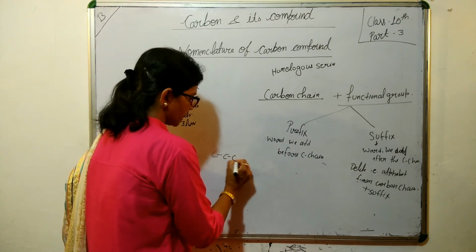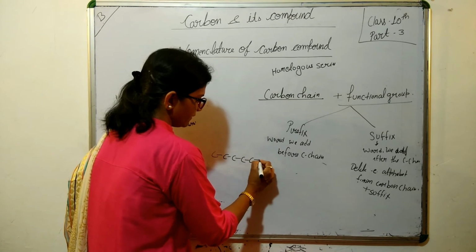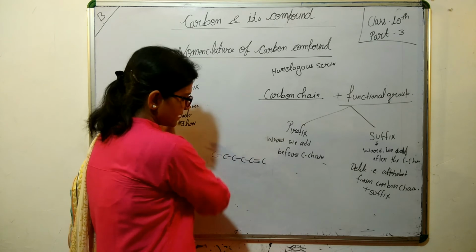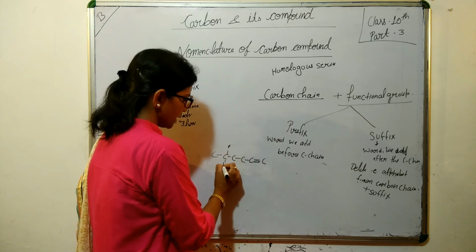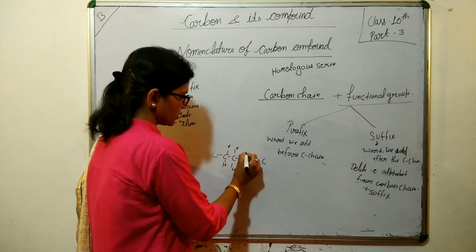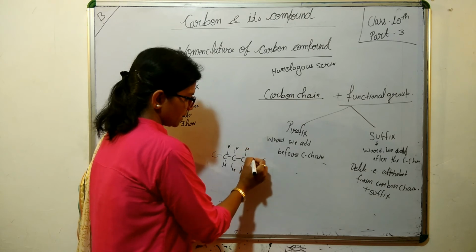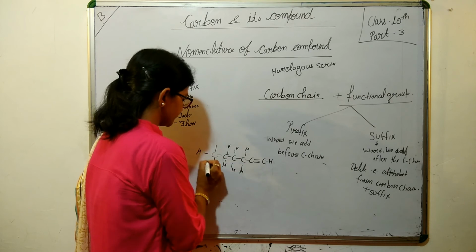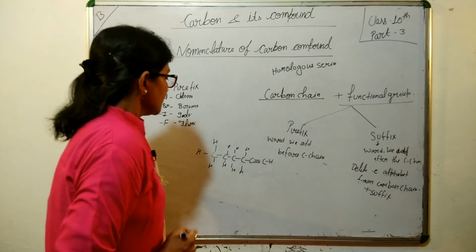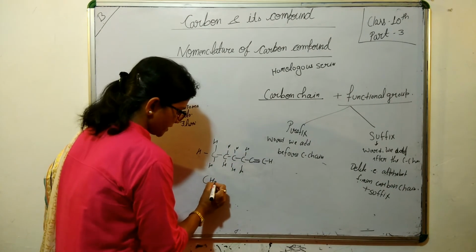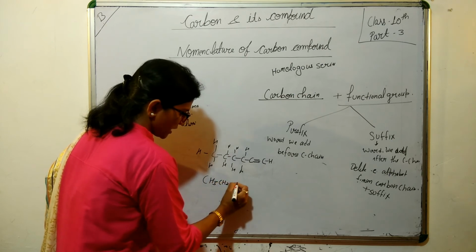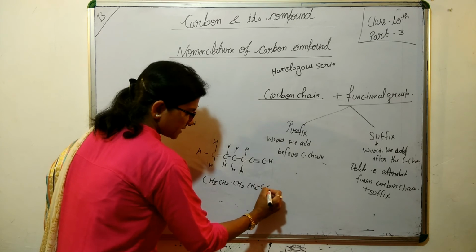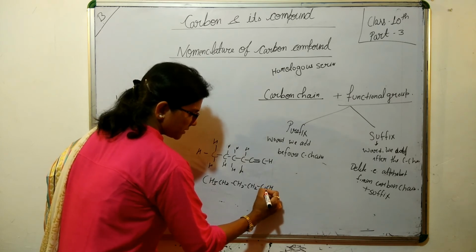So let's see the next example. 1 2 3 4 5, then the triple bond, and it is 6. Let's satisfy the valency with H. 1 2 3 4 here. In short, you can write CH3 CH2 CH2 CH2 CH, triple bond is here.